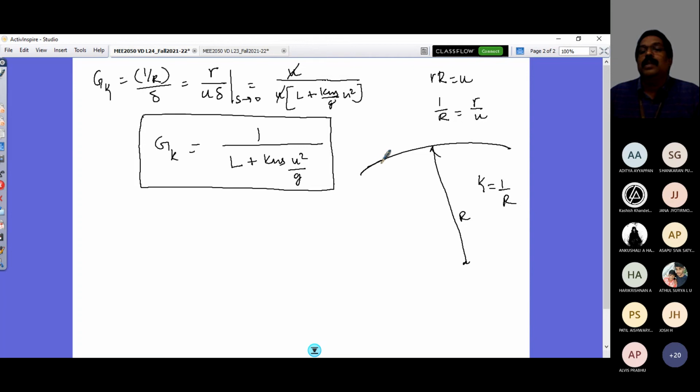So my vehicle travels on this path, and for the given steering input it goes in a less curvature cut. That means the radius is more, say 50 meters radius. If the curvature is more, what would happen?